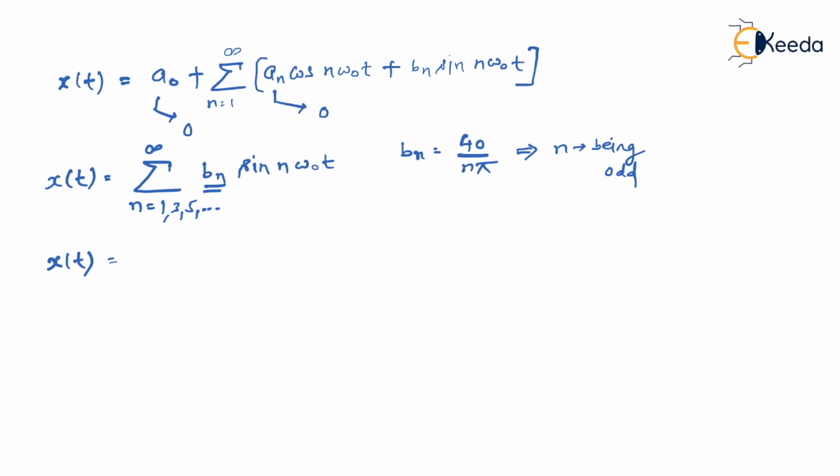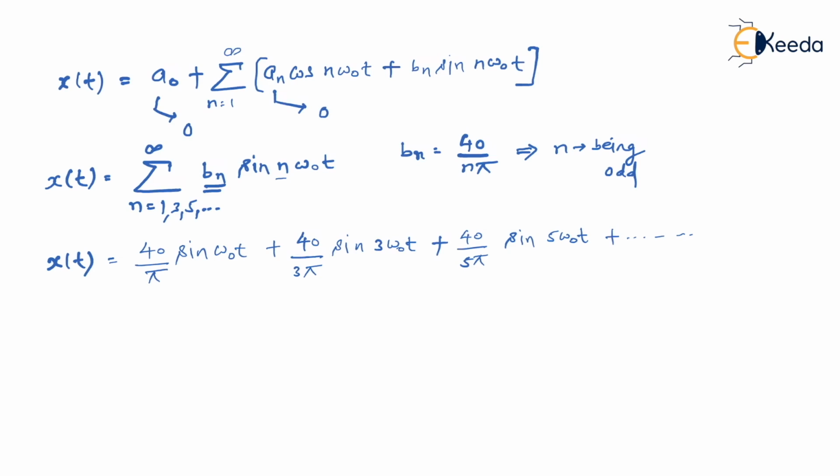In that case, let us substitute n equal to 1, then it becomes 40 upon pi sine omega naught t, plus 40 upon 3 pi, because we are not allowed to substitute n equal to 2 as the Bn value is ultimately 0. So 40 upon 3 pi sine of 3 omega naught t plus 40 upon 5 pi sine of 5 omega naught t.